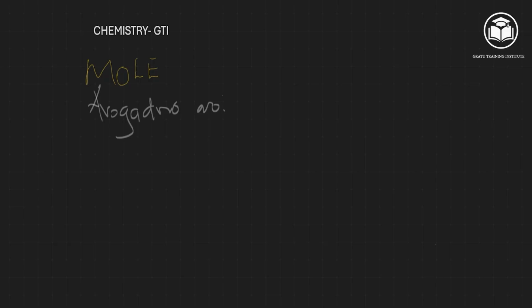If you say a mole of anything, one mole of anything contains a fixed number of particles, that is 6.02 times 10 power 23 particles. So any mole of anything contains this number of particles, and this number is what we call Avogadro's number.